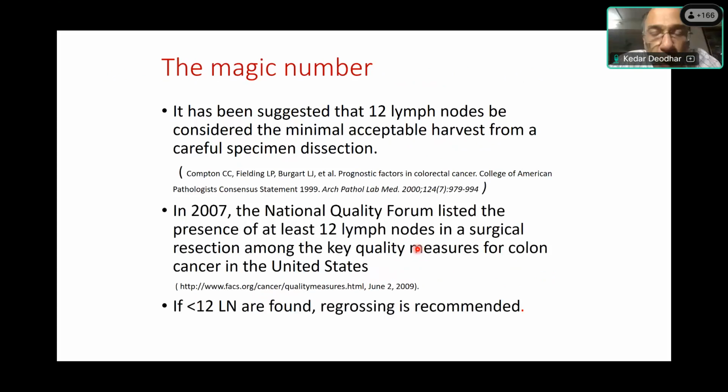It is possible that even after doing that we may come across fewer than 12 nodes. But a vigorous attempt on our part is required. Typically, post CTRT, we will have fewer nodes, but we should be as close to 12 as possible, and we should be revisiting the specimen also.